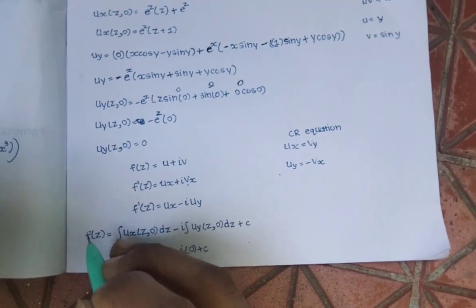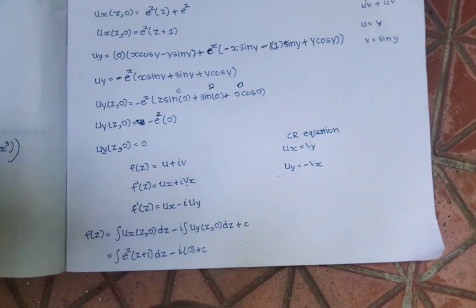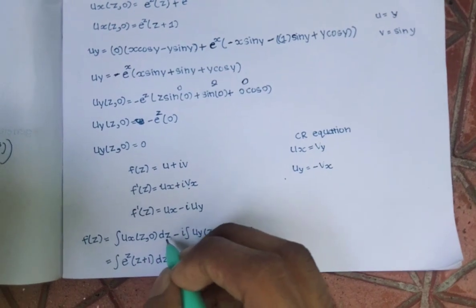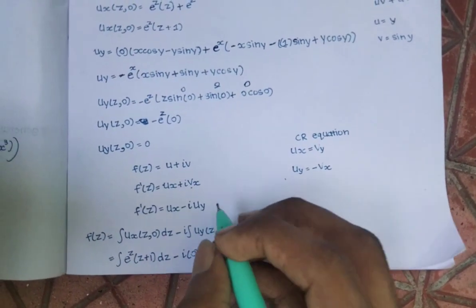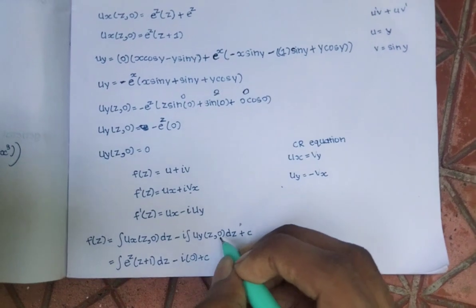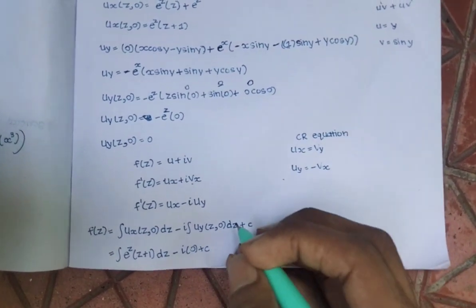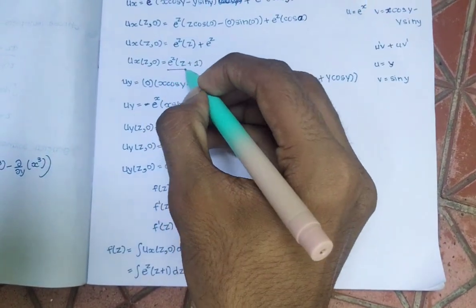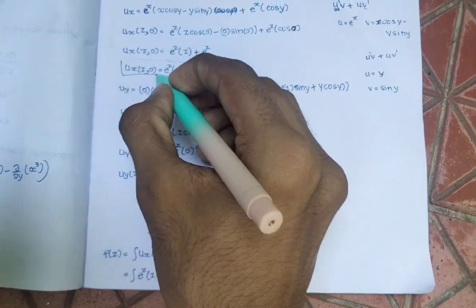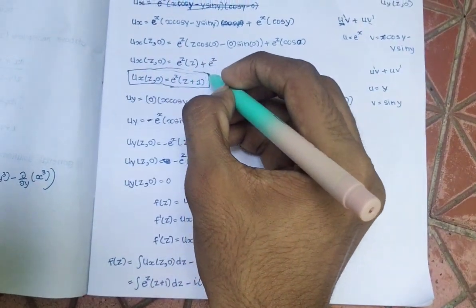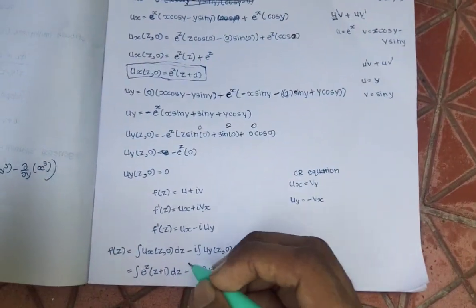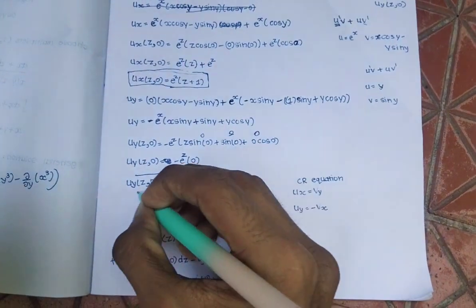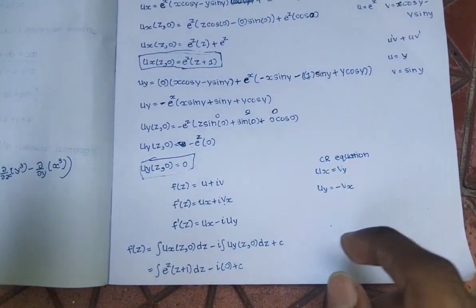But we want f(z) only, so we integrate: the integral of u_x(z,0) dz minus i times the integral of u_y(z,0) dz, plus c. Here u_x(z,0) we already found, and u_y(z,0) is 0.